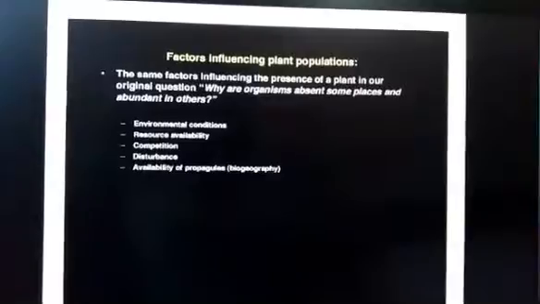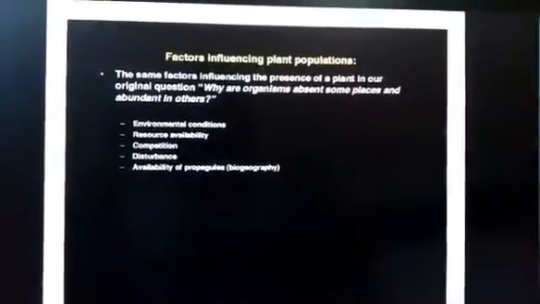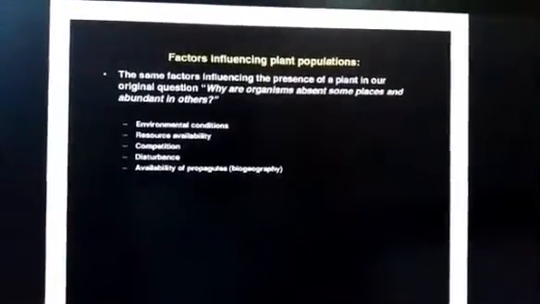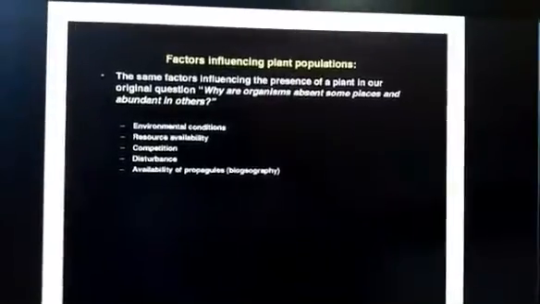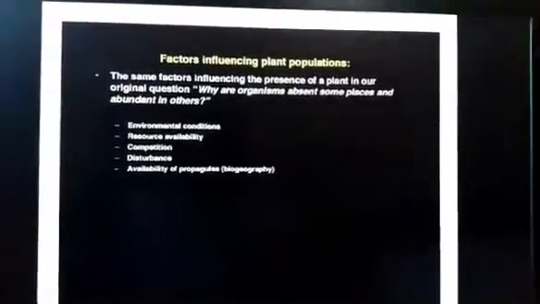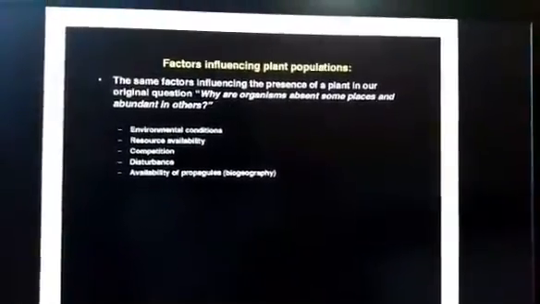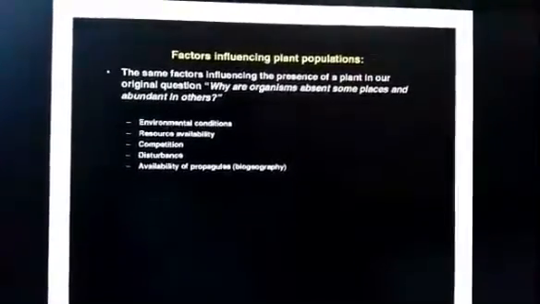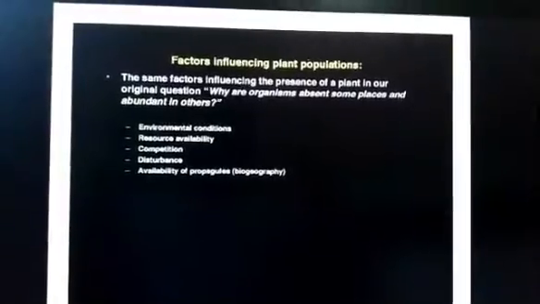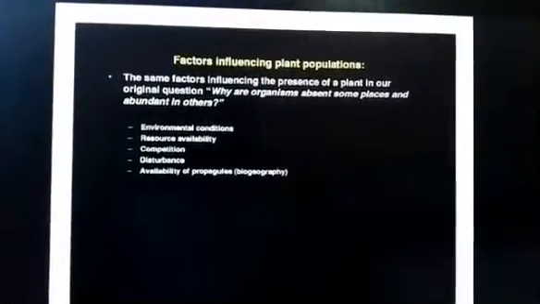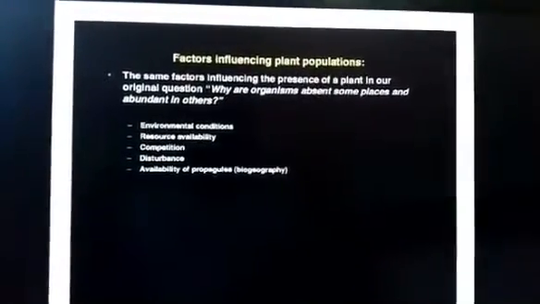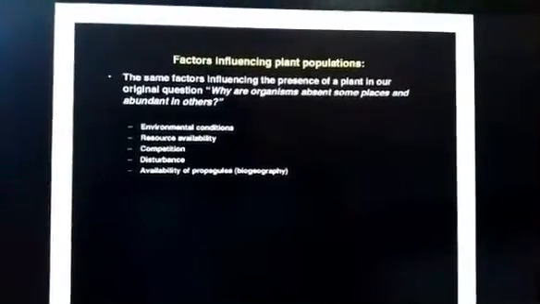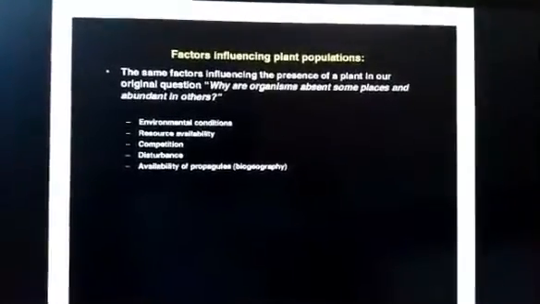The same factors influence the presence of plants in some areas and also the absence of plants in some areas. Those factors include the environmental conditions, the resource availability, competition, disturbance, availability of propagules, also termed the biogeography.